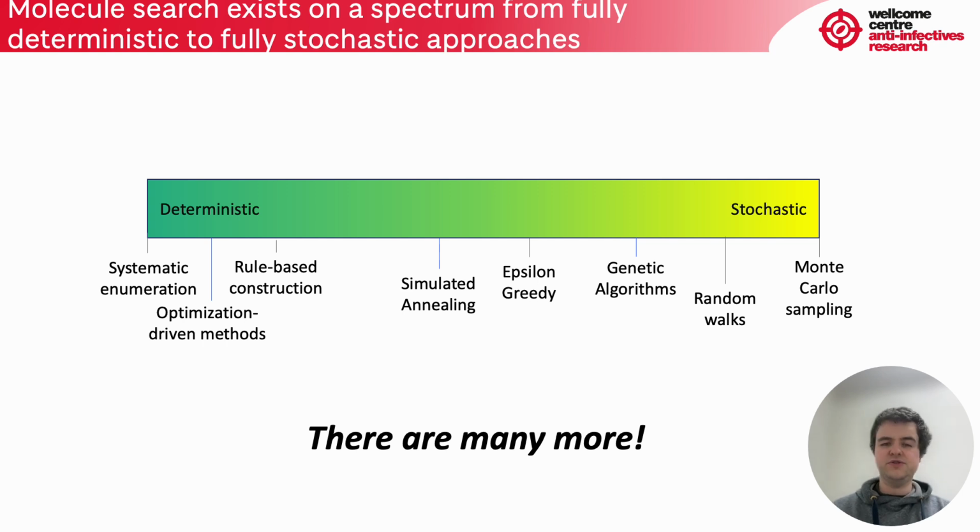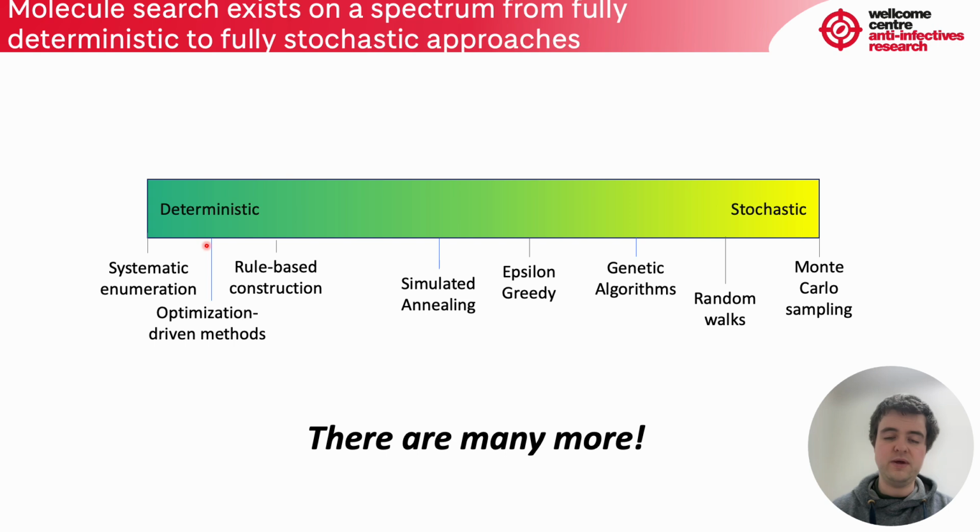Again, similar to construction, molecule search sits on a spectrum. On the left-hand side, we could imagine that there are search approaches which are fully deterministic. Fully deterministic search is where we have rule-based or systematic enumeration or optimization-driven methods which are consistently, all the time, selecting the same compounds, the same transformations at each step.